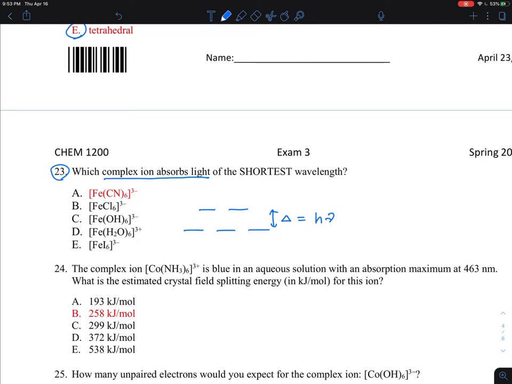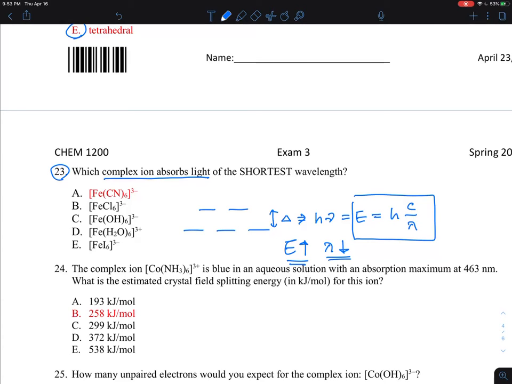The light is absorbed by this split energy diagram, and that energy is h nu, hc over lambda. So the higher the energy, the shorter the wavelength. That's the one thing I hope you still retain from the first week of Chem 1 class, when we talked about photon energy.